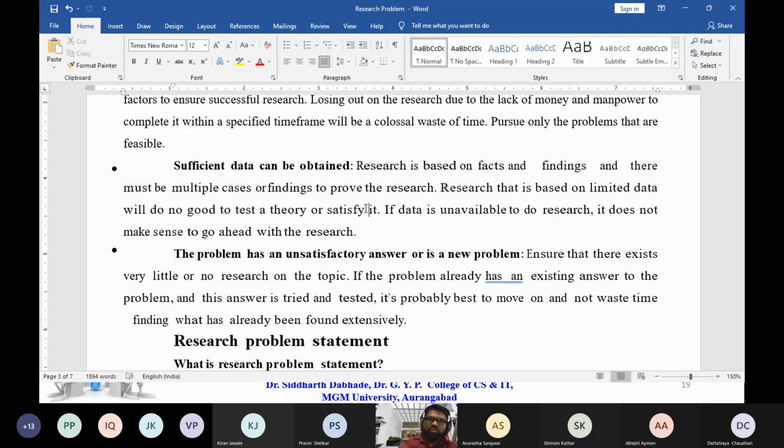Okay. So those societies or institutes are going to provide you the research data. And if they are not able to give you your research data, at that time you are going to fail there.